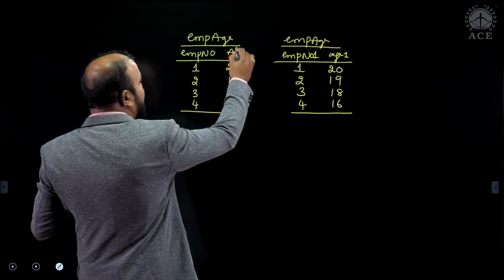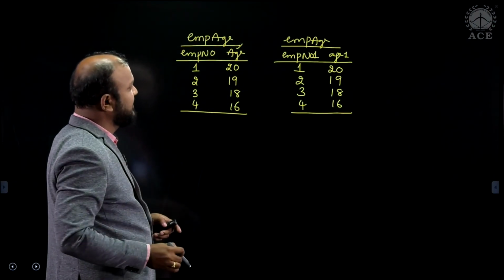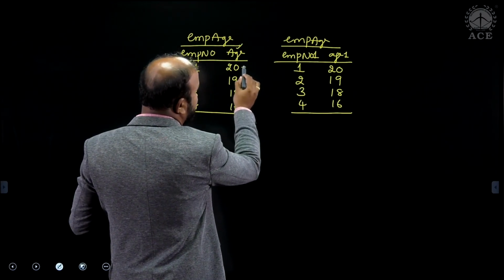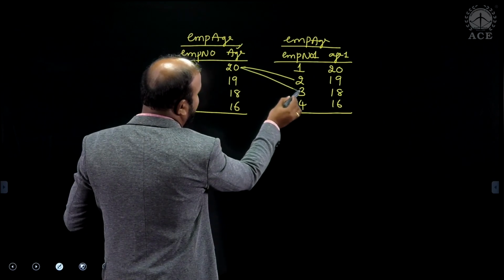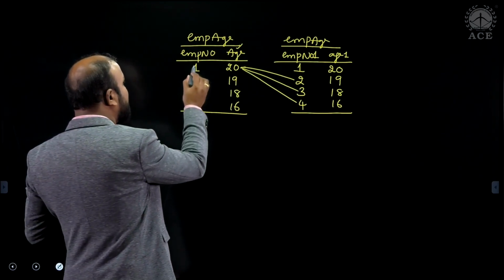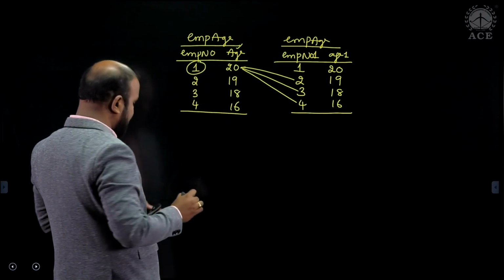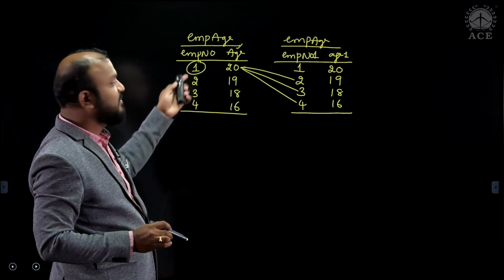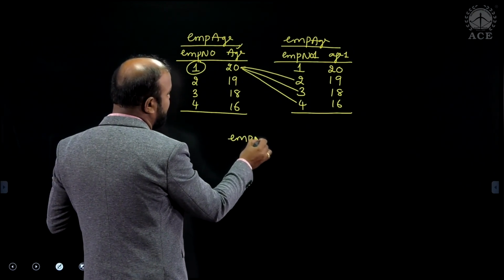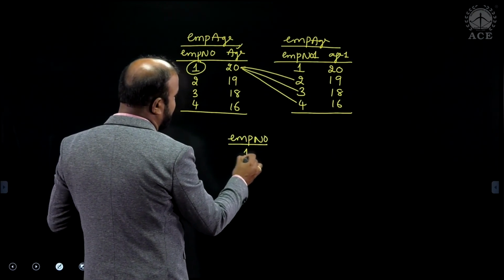Here, 20 greater than 20 false, 20 greater than 19, 18, 16 true. It means this tuple is going to be selected, and it projects the employee number, that is 1, possible.